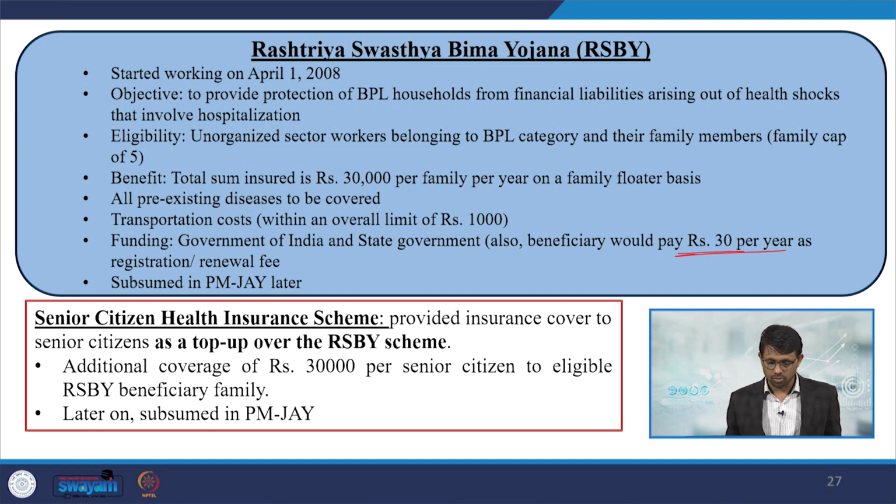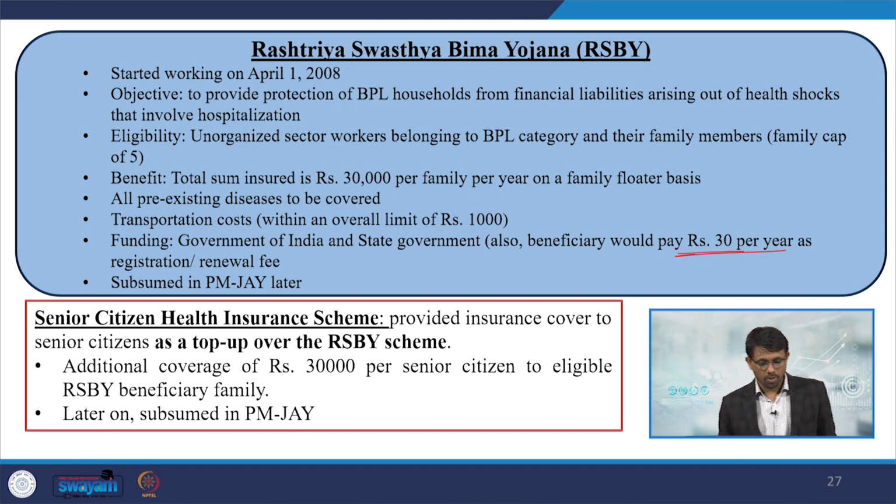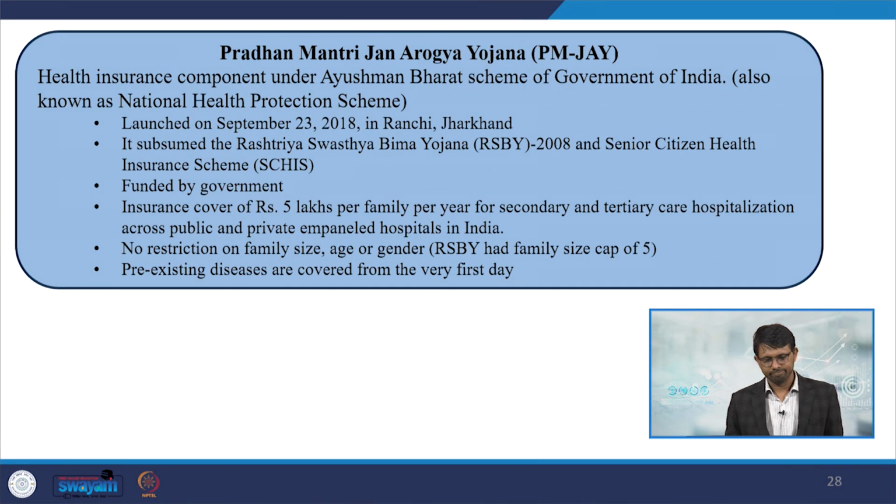So RSBY is no longer defined; now we are referring to PMJAY. Another scheme is the Senior Citizen Health Insurance Scheme, which provided insurance coverage to senior citizens as a top-up cover for the RSBY scheme, with additional coverage of 30,000 rupees per senior citizen to the eligible RSBY beneficiary family. Later this was also subsumed into PMJAY.